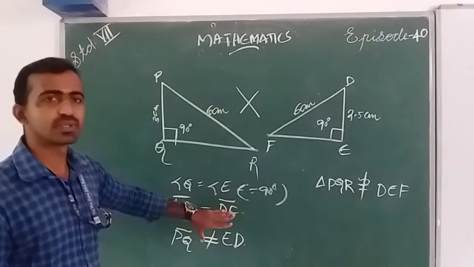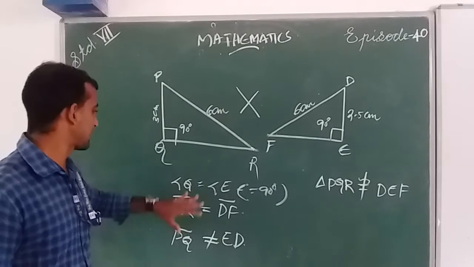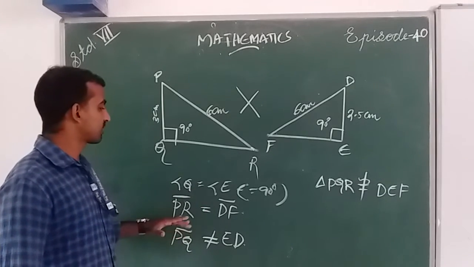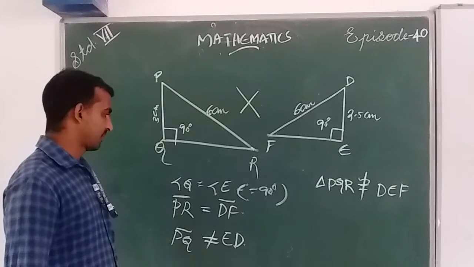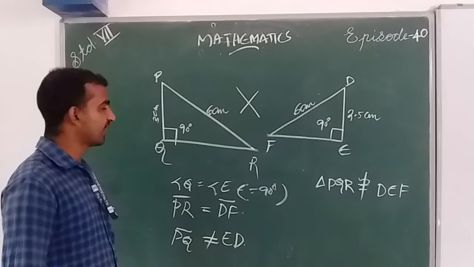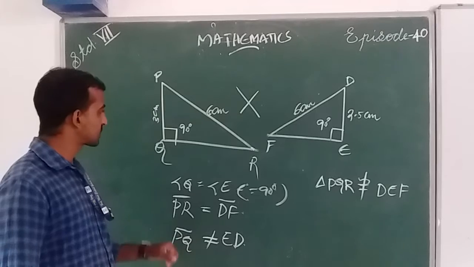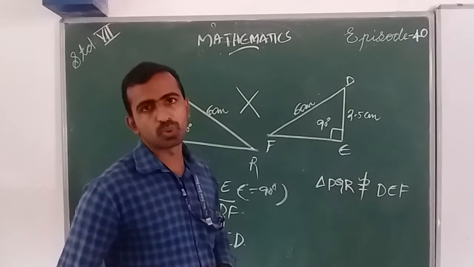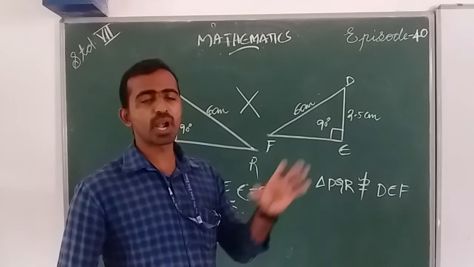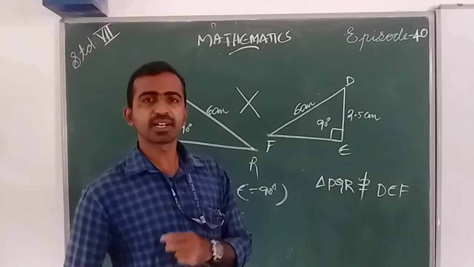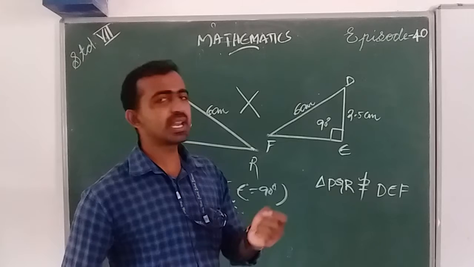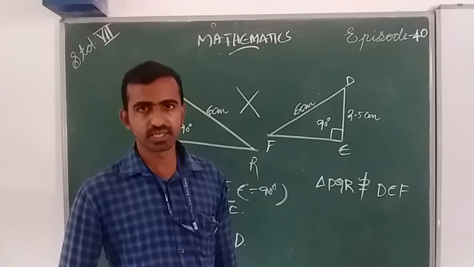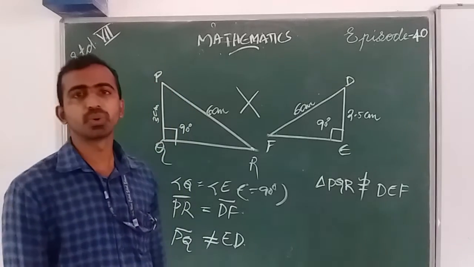Here angle Q is equal to angle E, line segment PR is equal to line segment DF, and PQ is not equal to DE. By the RHS congruence rule, there must be one right angle, the hypotenuse and any other one side. So this is not congruent.